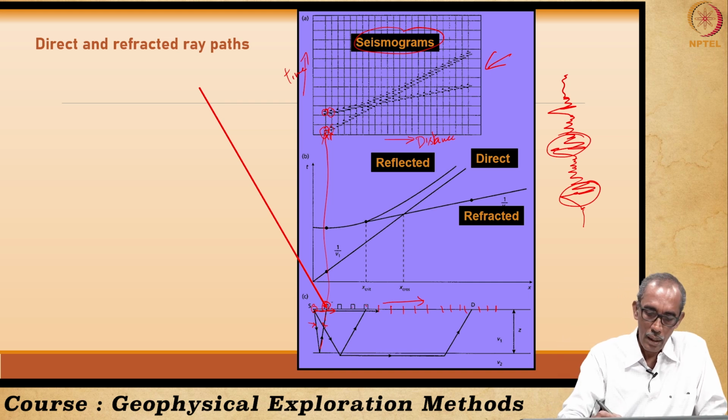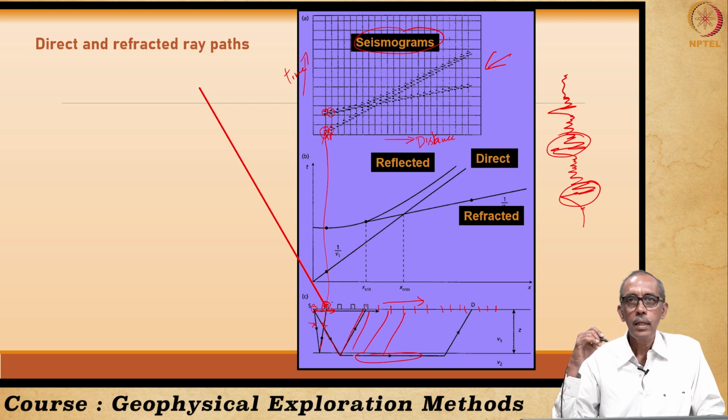Whereas, some geophones beyond a certain distance also get the refracted signals. These are all head waves due to this. Okay. Thus, when you install geophones, the geophone picks up 3 different signals.